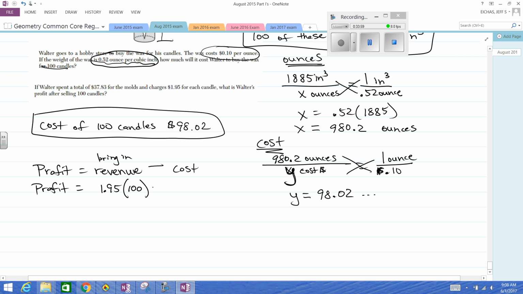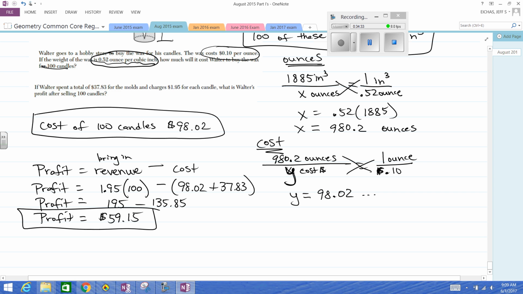Let's assume he sells all 100. We're going to get that revenue, what you bring in. Now the cost is going to be first the 98.02 plus the 37. You got to pay for those molds and all that stuff, right? So the profit's 195 minus whatever that is, 135.85. And your profit's going to be $59.15.